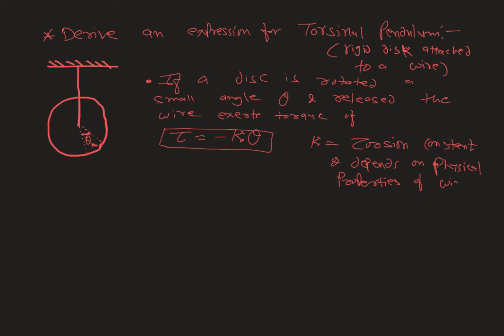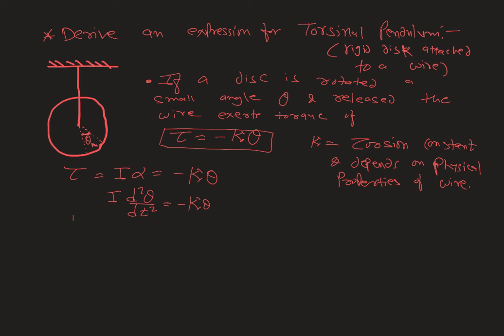Okay. So what else can we say? Well, this is torque tau. We can say torque tau equals I alpha as our early definition. We can relate that with kappa, the torsion pendulum constant, and theta. What we know for alpha, of course, is that alpha is d squared theta over dt squared, the second order differential equation for the angular displacement, and that can be related to kappa theta.